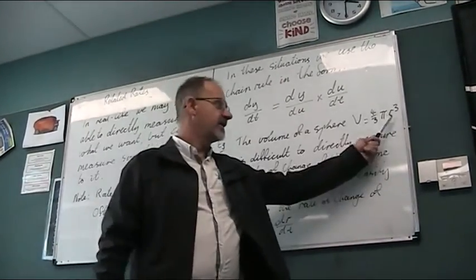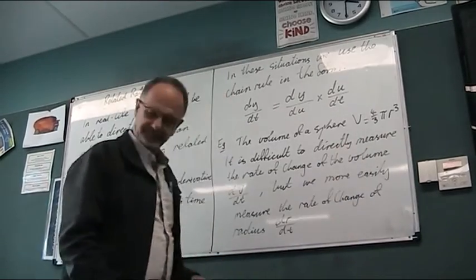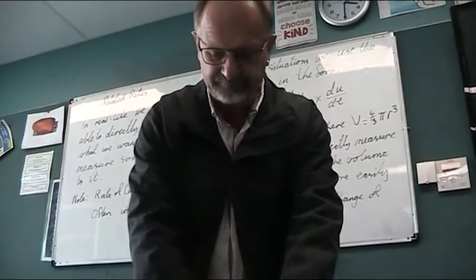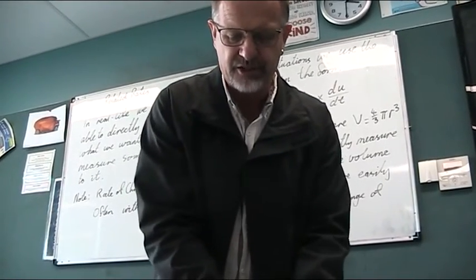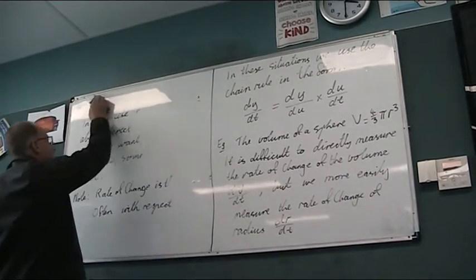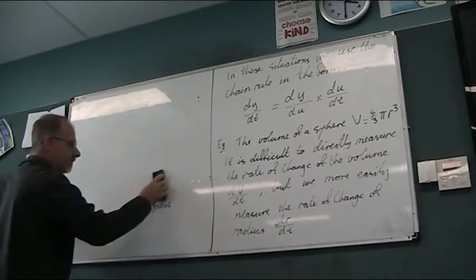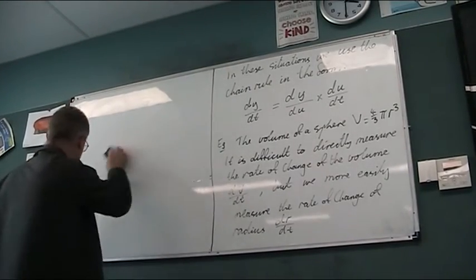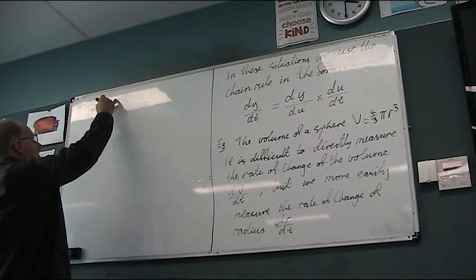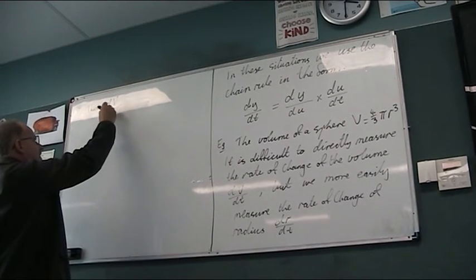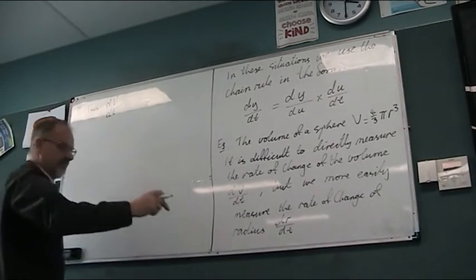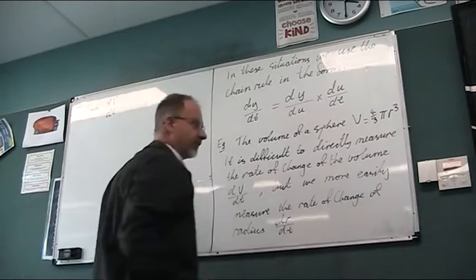And seeing as the radius is related to the volume, what we would use to get a rate of change of the volume with time is to split it up using the chain rule, just because we want dV/dt, and both the volume and the time have this radius in them.